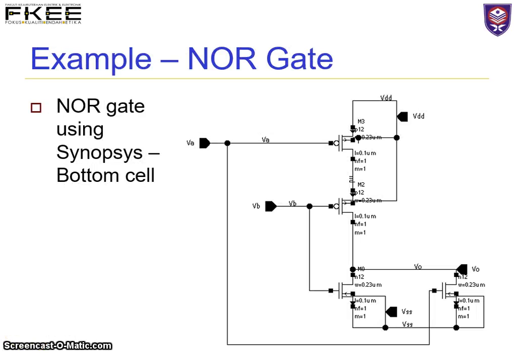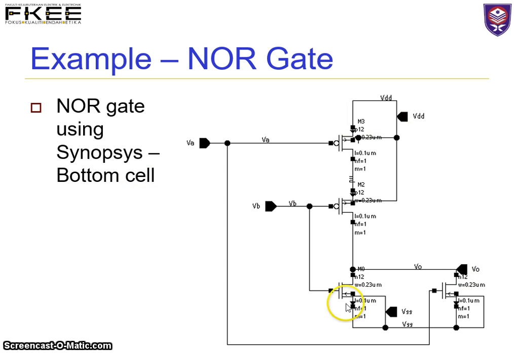Now I'm going to show you the netlist for a NOR gate that I have run using Synopsys. First, I draw the circuit for the NOR, 2 transistors in parallel and 2 transistors in series. The inputs are VA, VB. I name all the nodes, VDD supply, the output is over here. This is the bottom cell.